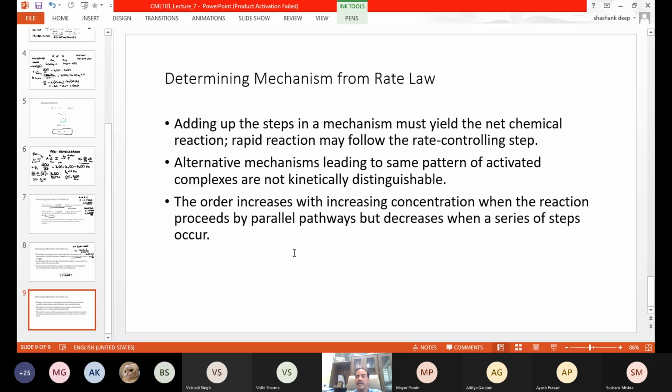What that means is, suppose you ended up with a 2-step mechanism, but if you sum the 2 steps, you may not get the total reaction. In that case, there may be a few very fast steps which you have left out. Just by looking at what is left out, you can get that fast step. The order increases with increasing concentration when the reaction proceeds by parallel pathways, but decreases when a series of steps occurs.